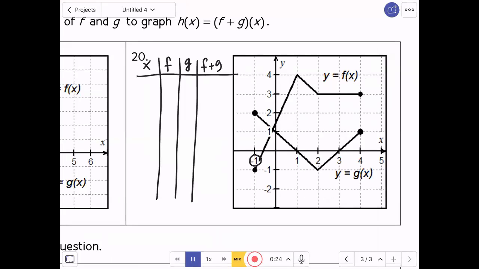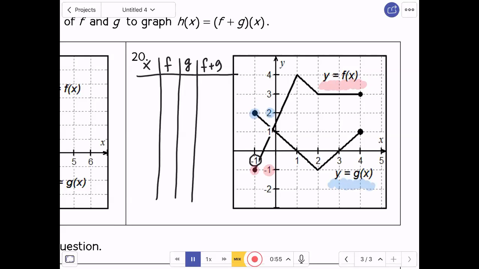For the f function, the y value is -1. However, for the g function, your y value at that point is 2.